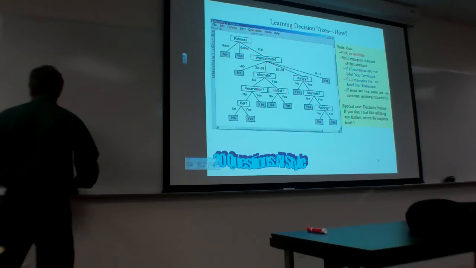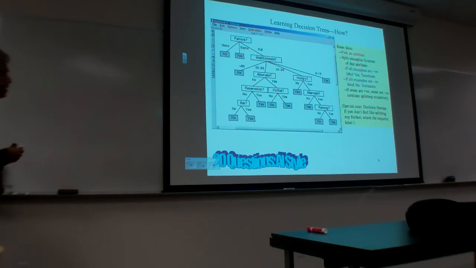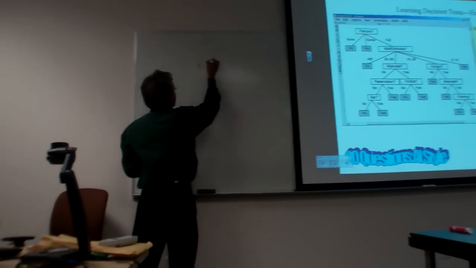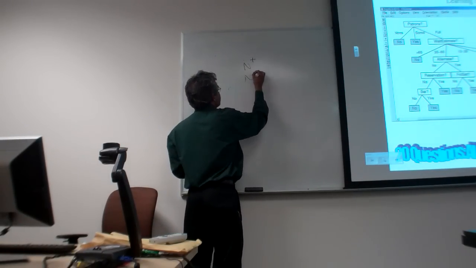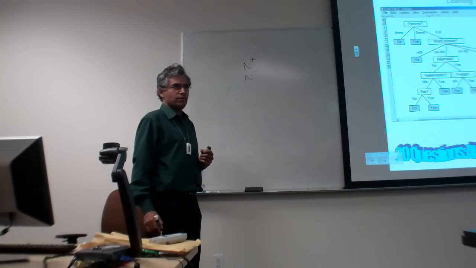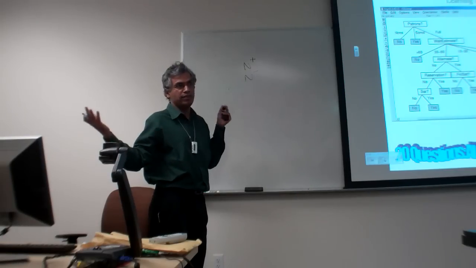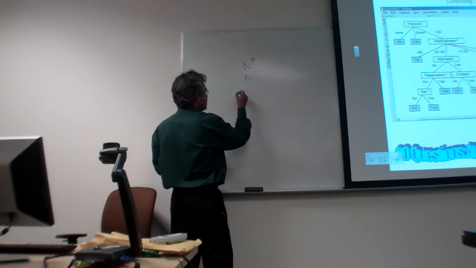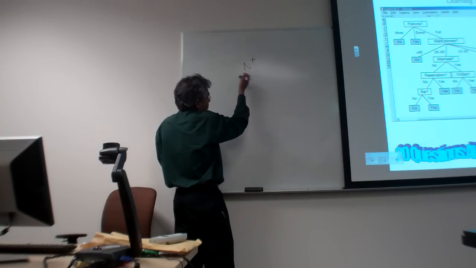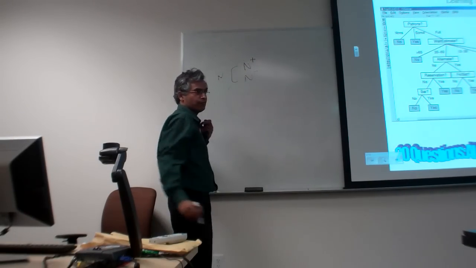Imagine this is a Boolean classification problem. So there are n plus positive examples and n minus negative examples, so n plus plus n minus equals n. That's the total number of examples you have.